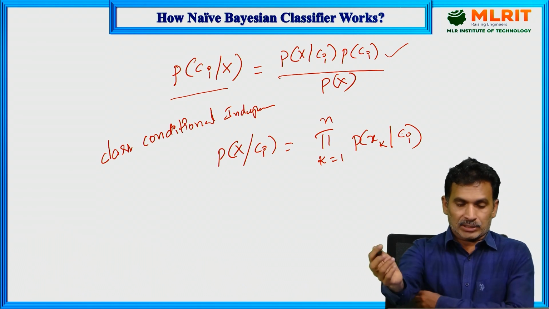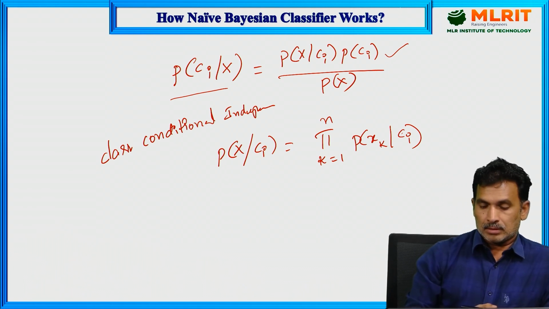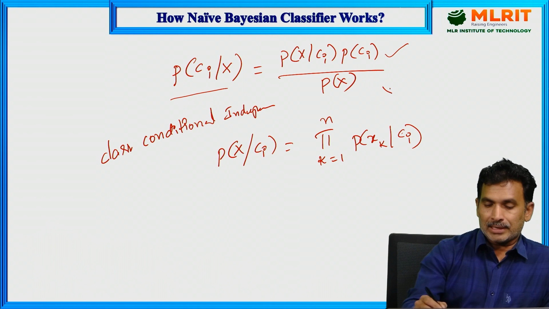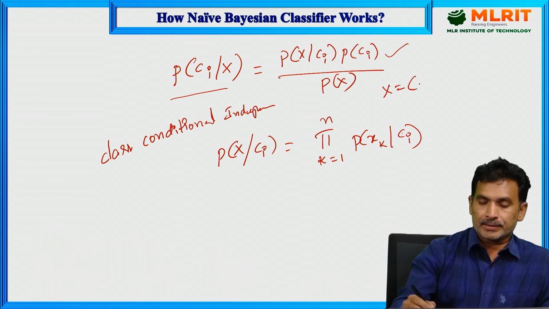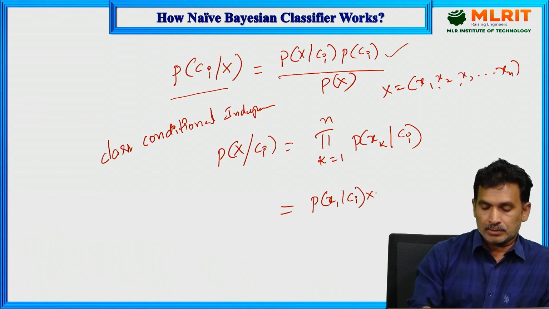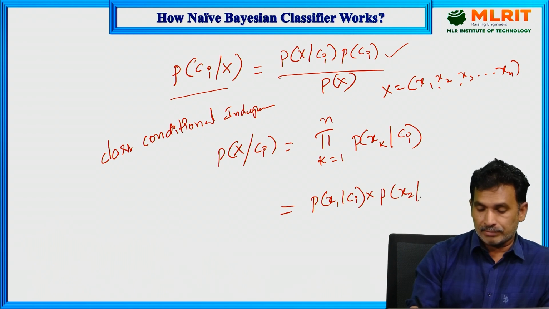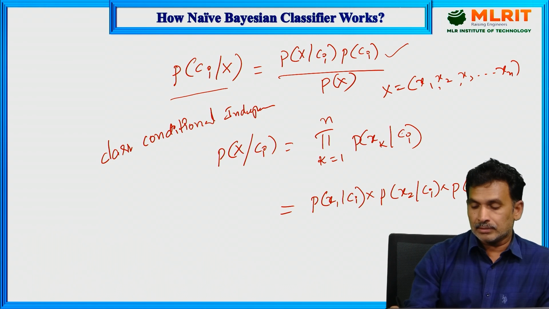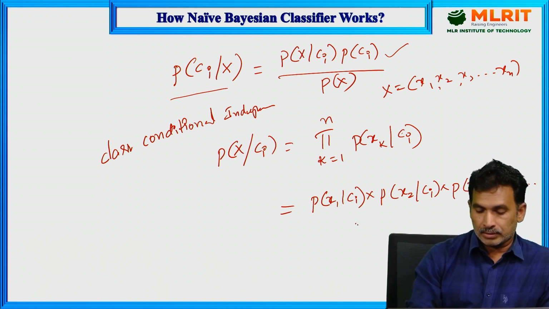If you expand this, because the tuple x is an n-dimensional vector x1, x2, x3, and so on up to xn, it can be written as the probability of x1 given Ci times the probability of x2 given Ci times the probability of x3 given Ci, and so on, times the probability of xn given Ci.